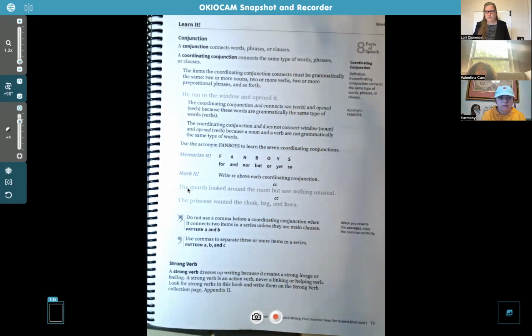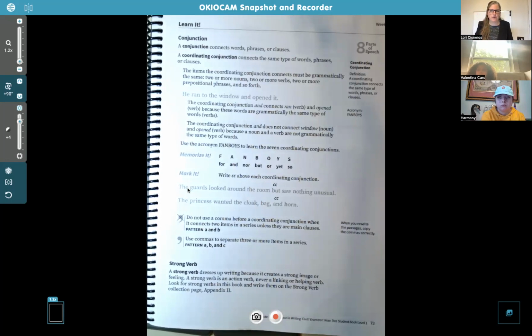And I like to use the example, the sentence, the dog ran after the cat. The verb in that sentence, the dog ran after the cat, ran is a verb, right? It's what the dog is doing. But it's not necessarily a strong verb, because if I said the dog chased after the cat, now you have a little bit more of an image in your head about maybe it's turning corners and jumping over bushes and, you know, right on its tail, trying to catch that cat, right?